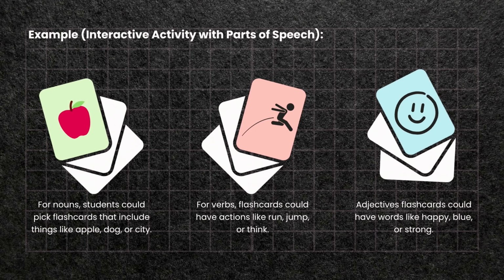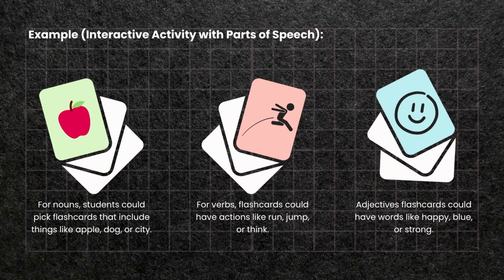For adjectives, these describe nouns. Flashcards for adjectives could include happy, blue, strong, or tall. Students can describe objects in the classroom or people. For instance, this chair is blue, or my brother is strong.